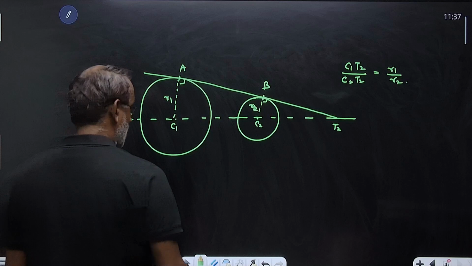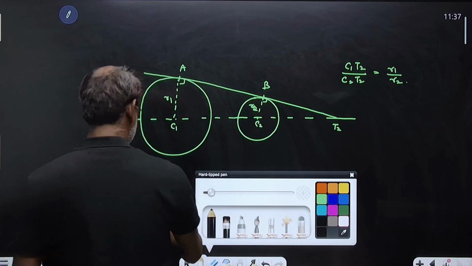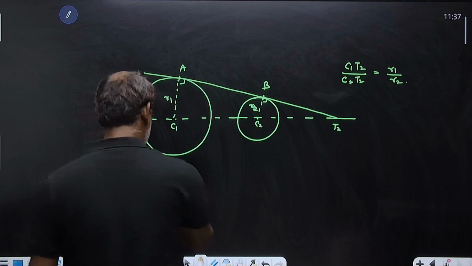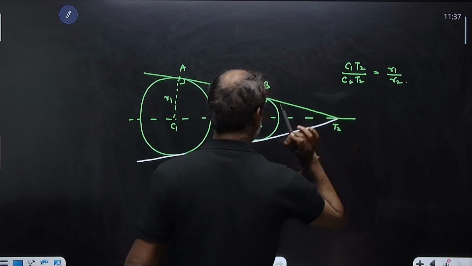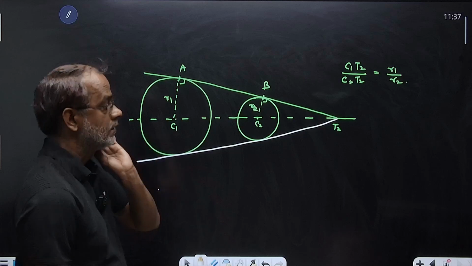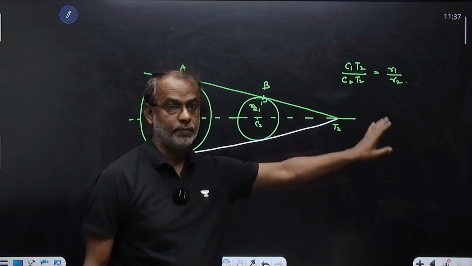Okay. Now, let the other common direct tangent meet it at, say, for the sake of simplicity I am taking it T2, otherwise ideally we should take it to be some other point.